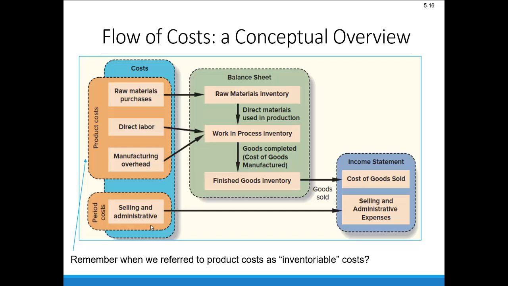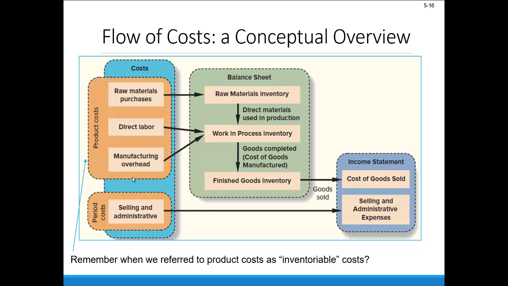And we talked in Chapter 1 about how to differentiate between product costs, those are our materials, labor, and overhead, and our period costs, everything else, selling and admin. And really that differentiation was based on whether the cost was associated with that production process. Was it happening in and around the factory? If it was, it's a product cost. If it was not, then it's a period cost.